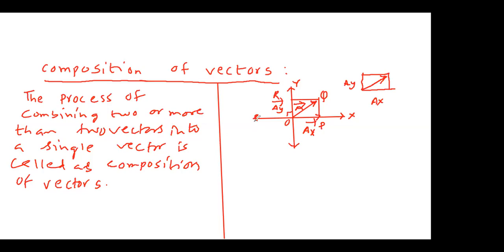Now for its explanation we made the diagram. Let ax bar, ay bar be two rectangular components of vector a bar.